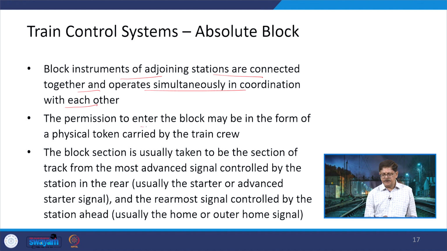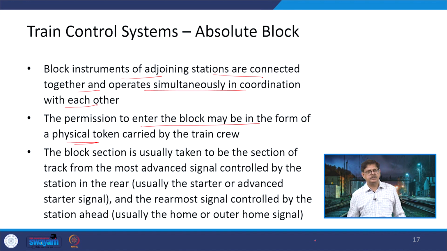The permission to enter a block may be in the form of a physical token which is carried by the train crew. So, as soon as you operate the block instrument, a key will come out and then that key can be handed over to the loco pilot as an authority to move on that particular section. So, once that authority is there, then only the loco pilot will start moving.